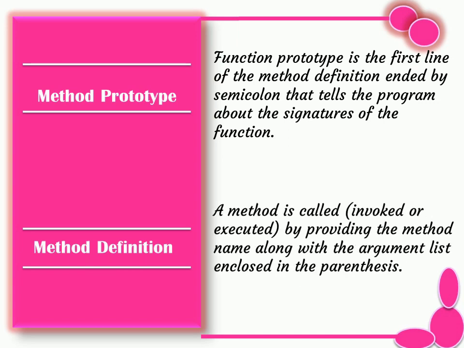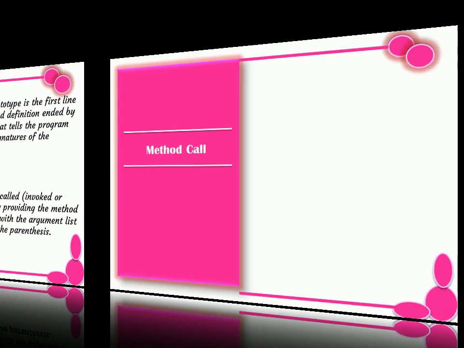Now we'll see what is method definition. This can be invoked during the execution part. A method is called by providing a method name along with the argument list enclosed in parentheses.